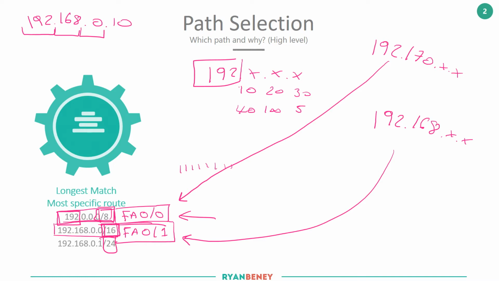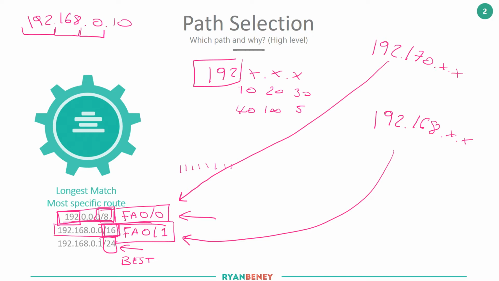Because 24 is more specific than 16 and 8, it would choose this as the best path to reach the destination. So longest match will always be the first thing that the router will prefer over anything else.